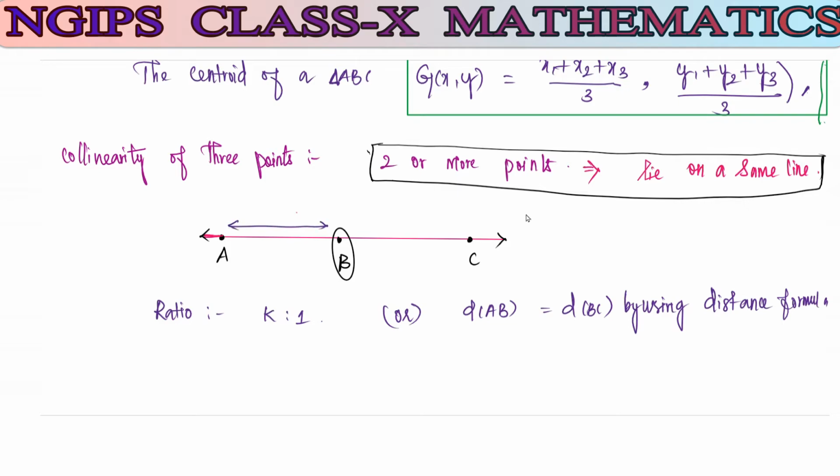So this AB should be equal to the distance of BC. If it is equal, then we can say these points A, B, C are collinear. Then we can say here A, B and C are collinear.